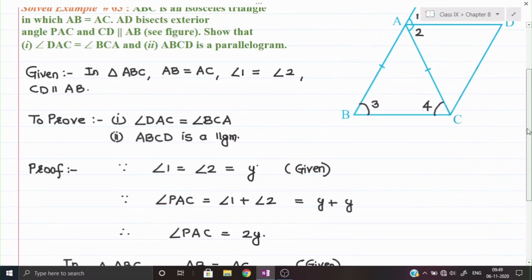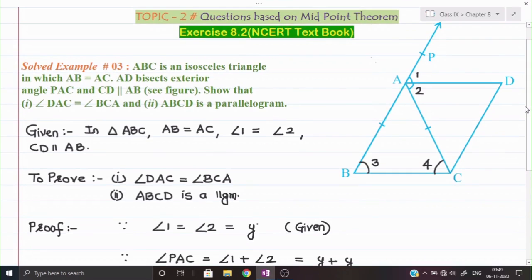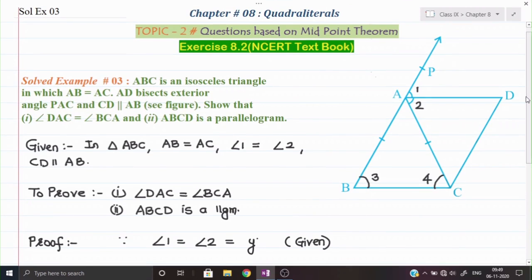Now see, we shall apply the exterior angle property as I have told you. Look at the figure very carefully. Observe, we have triangle ABC. Now please do not consider side AD and side CD, leave that for some time. So observe the side BA we have produced till the point P. Okay, so angle PAC will be your exterior angle.